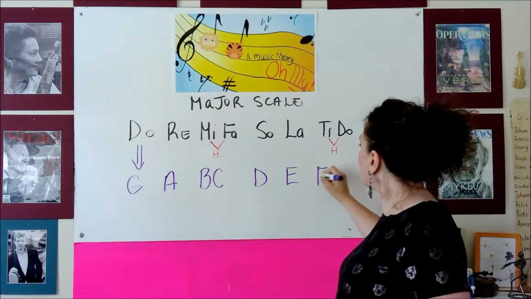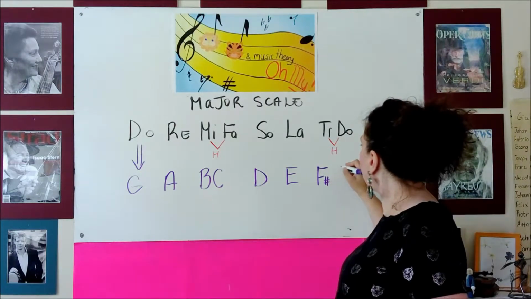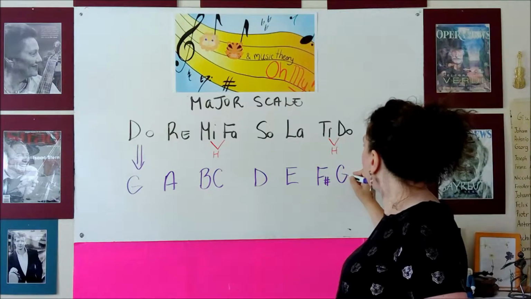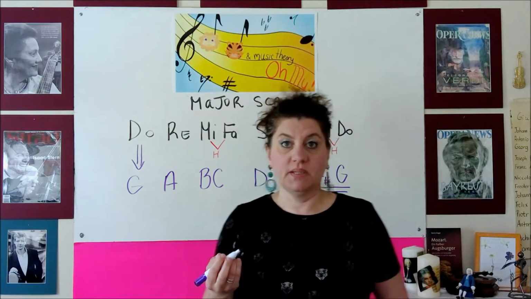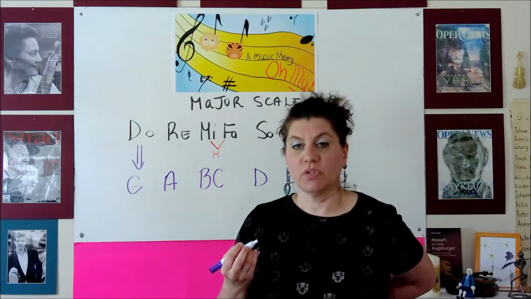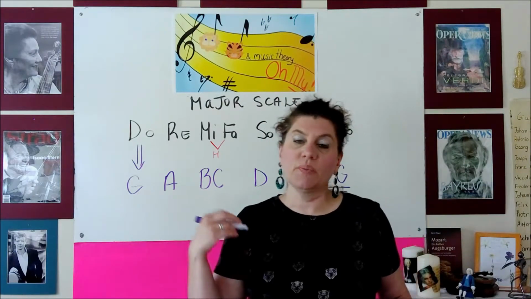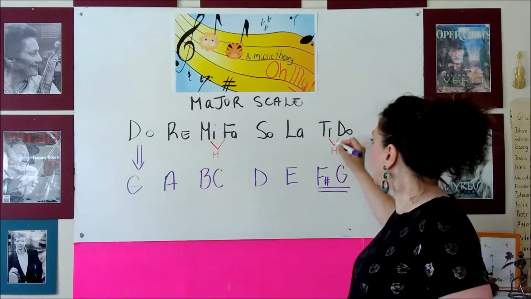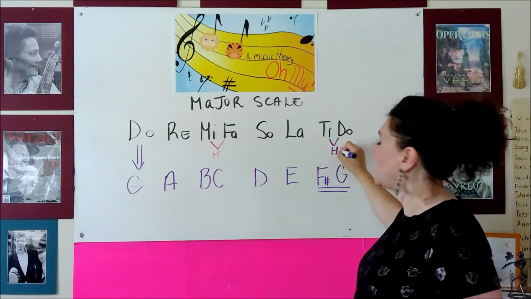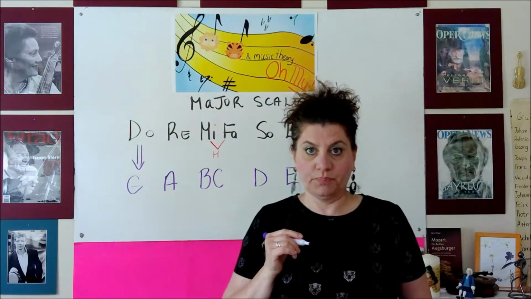We have an F sharp equals Ti, and G equals Do. This is where your first sharp comes in, okay? The F sharp. We needed the F to be elevated, taken a half step up, so we can actually get our half step connection between Ti and Do.